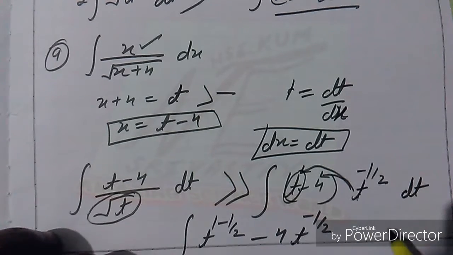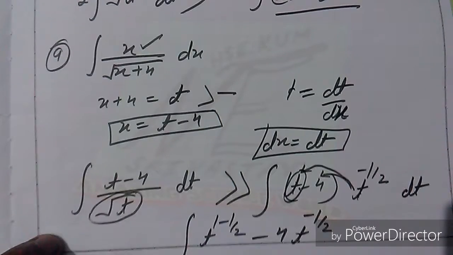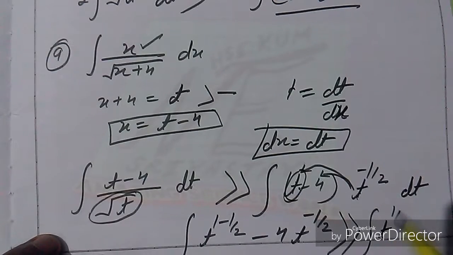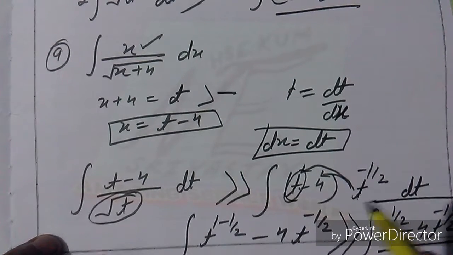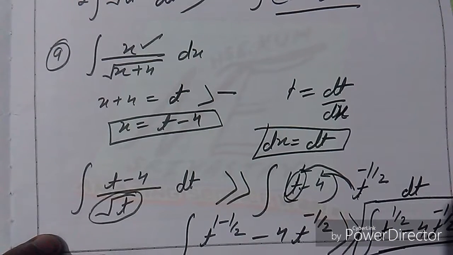Now we solve the function, and there, that is 2, here t 1 by 2 minus 4t minus 1 by 2. Now we integrate this function, friends.